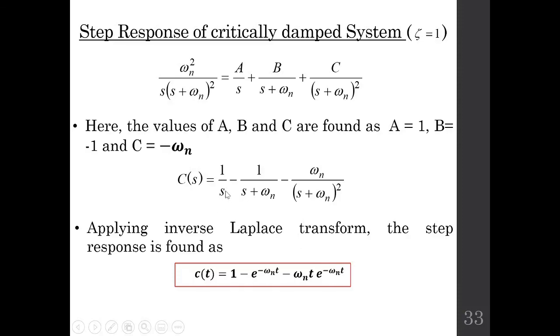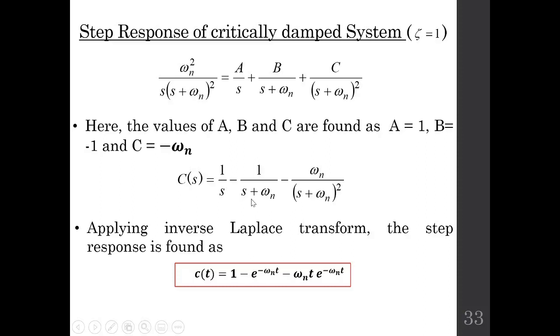So the inverse Laplace transform of 1/s is u(t). Since the value of u(t), which is our unit step signal, is always 1 for t greater than zero, instead of writing unit step signal, we are writing 1 here.